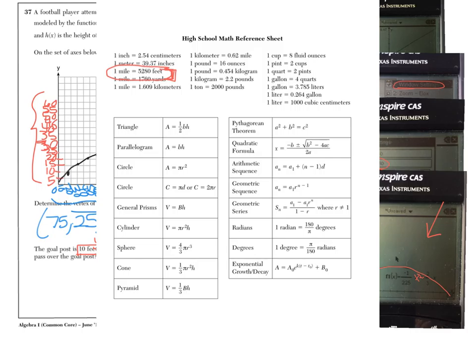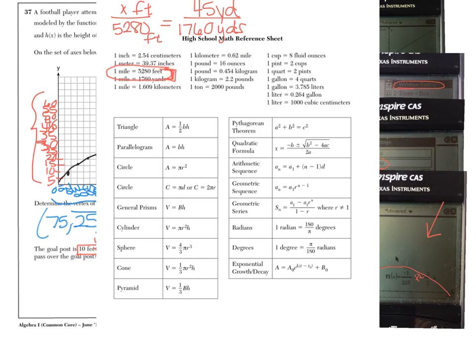So I have 5280 feet equal to 1760 yards. I know that I have 45 yards, and I'm looking for the number of feet.